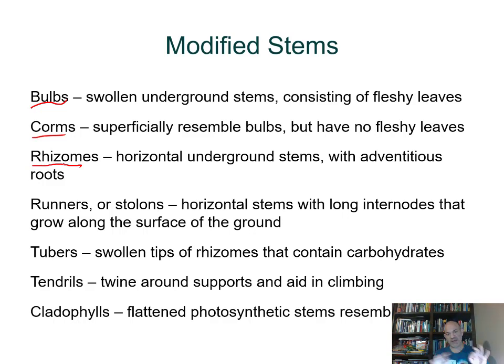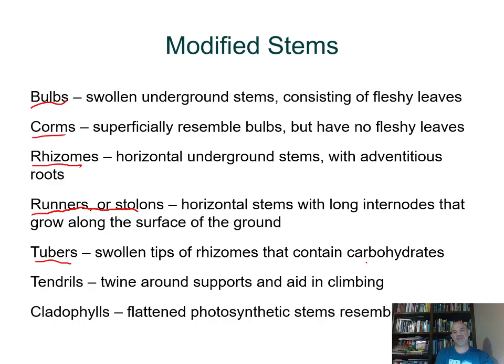As ferns grow as a rhizome, it's an underground stem, and then at nodes, the leaves pop up from there. And then runner and stolon are used interchangeably, and these are an above-ground stem that runs along the surface. And then we have tubers, which is basically what a potato is. A potato is a tuber that we are able to eat.